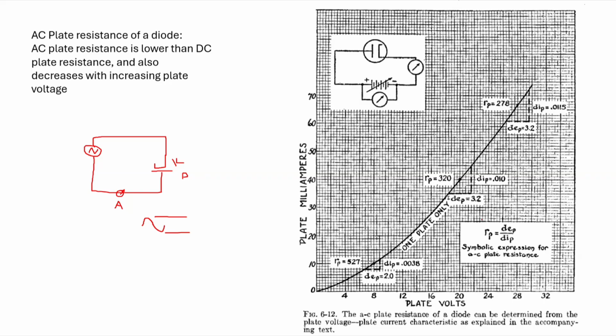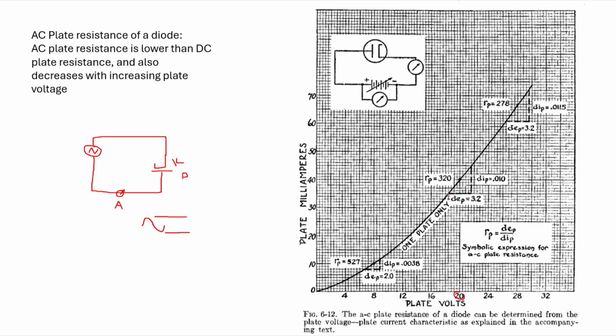And without getting into too much detail, the way we have to calculate AC plate resistance is, instead of just picking a voltage such as 20 volts, picking off the current and running Ohm's law, we have to do it by changes.